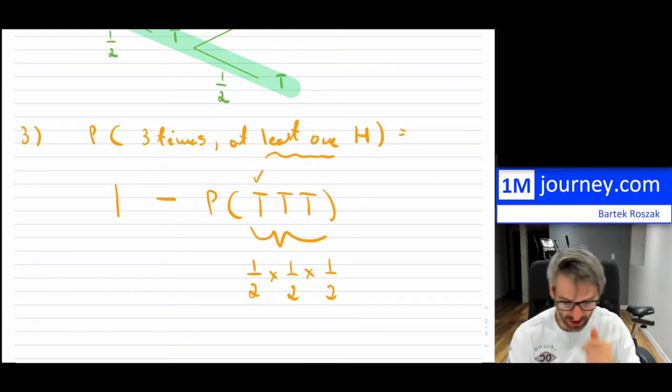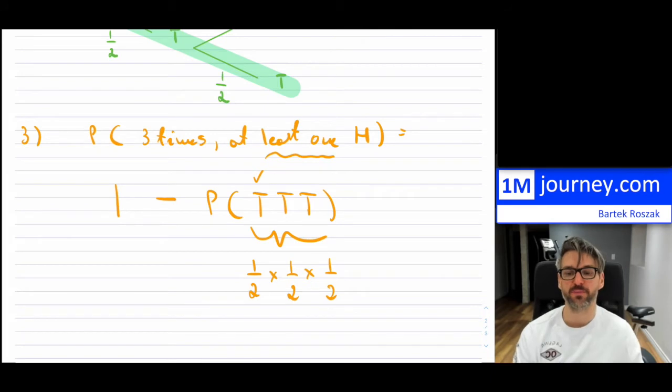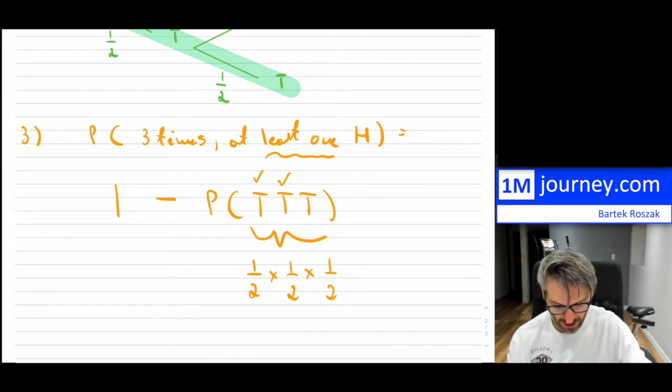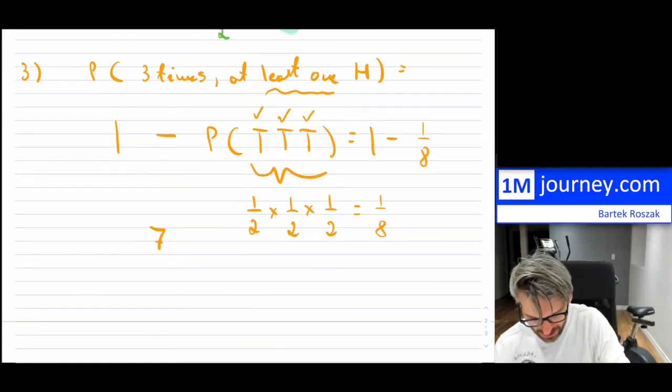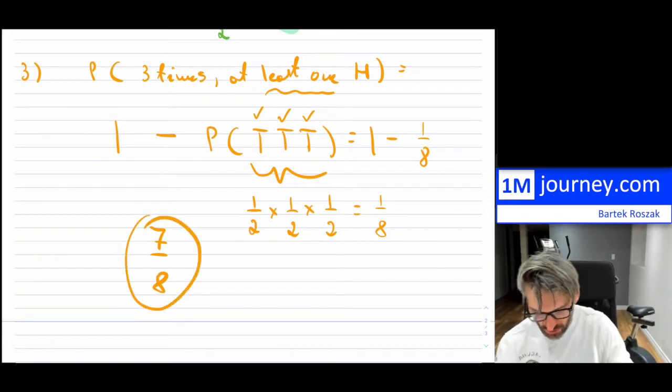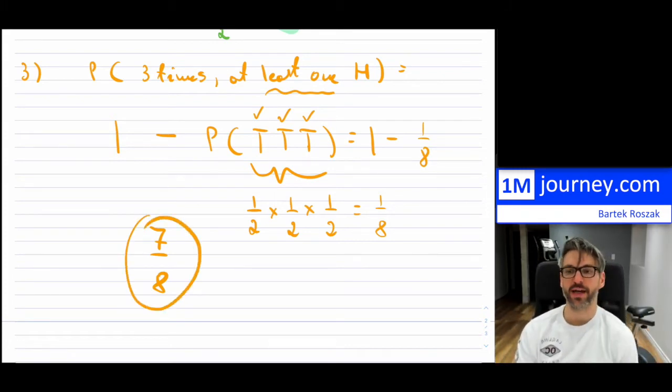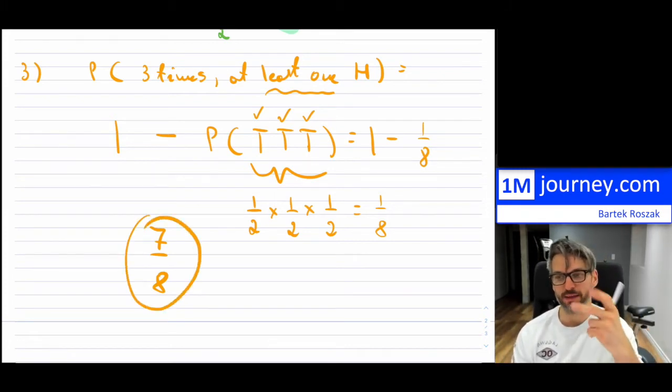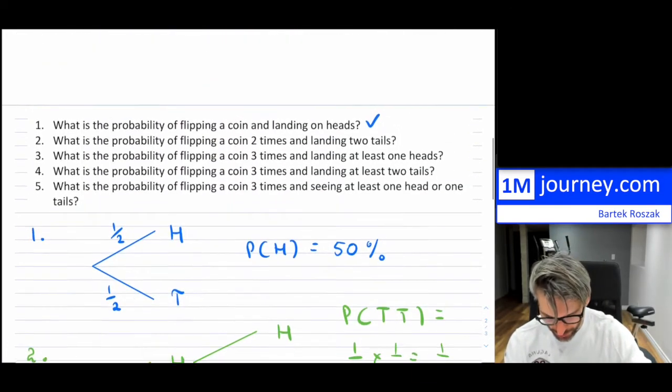Because the probability of tails on the first flip is 1/2, the second one is also 1/2, and the third is also 1/2. So this becomes 1/8. That means it's 1 minus 1/8, so the probability is 7/8. You can change that to a percent if you like. That is question 3.